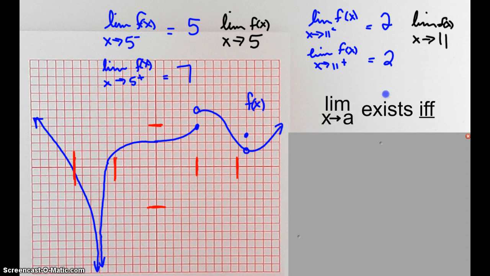A limit as x approaches a number, a constant, exists if and only if the 3 following conditions are satisfied.